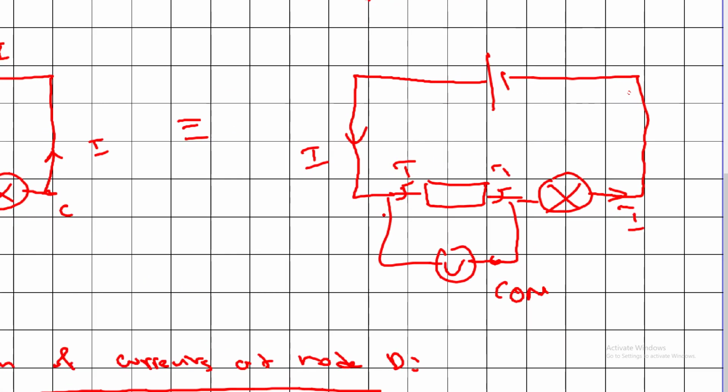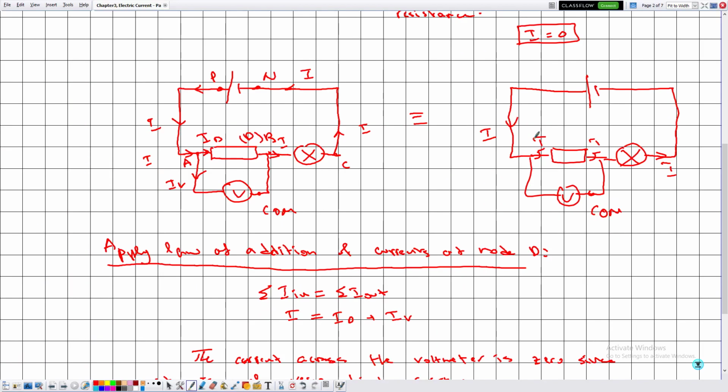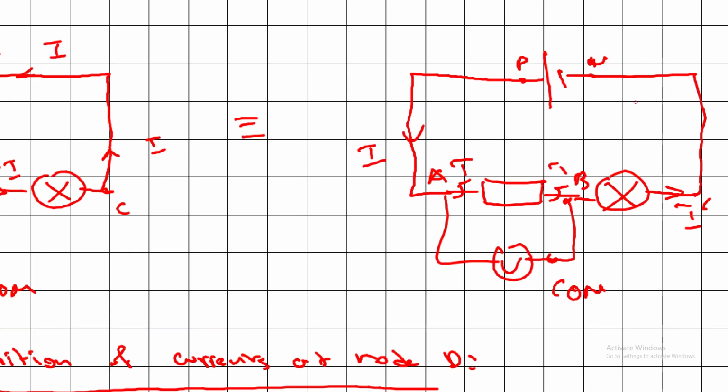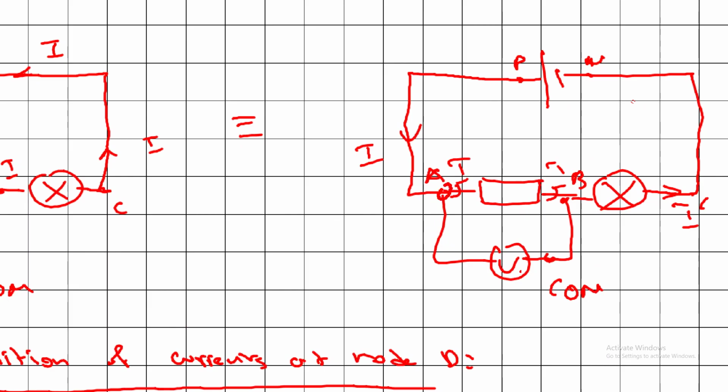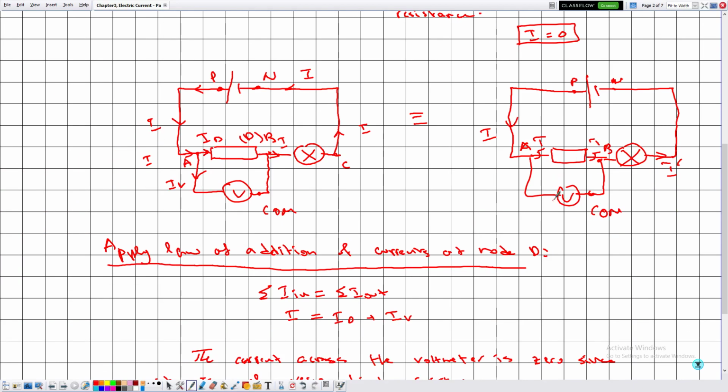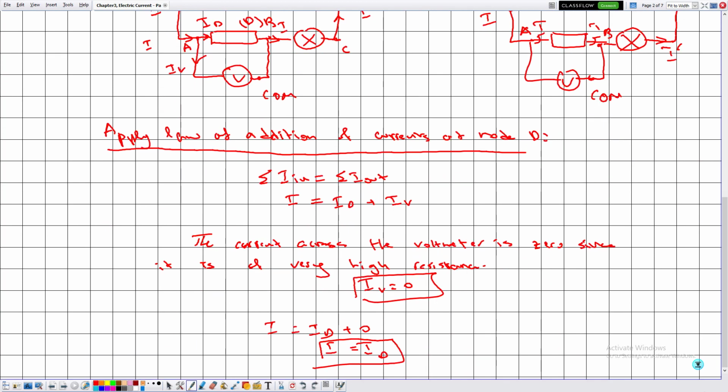So although this is a branch connected to this point, which is the point A, and this is the point B, and this is the point C, across this node, which is the node A, no current leakage will pass through the voltmeter. And let's make the following important statement.